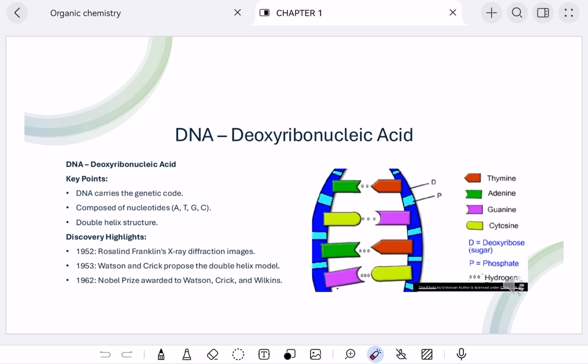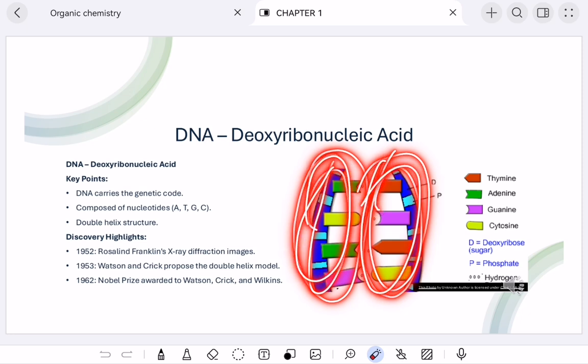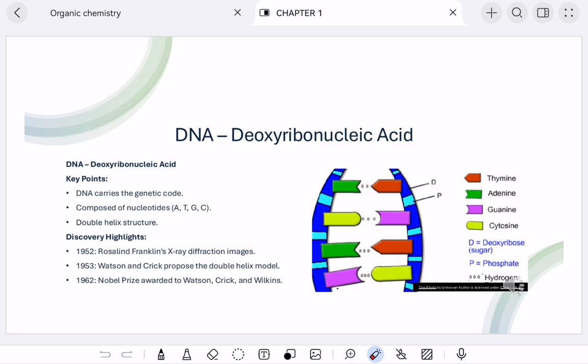So these are our nitrogenous bases. As we see, the DNA molecule is composed of this side and this side, the left hand side and the right hand side. So what does that mean? It means that DNA is a double helix, right?